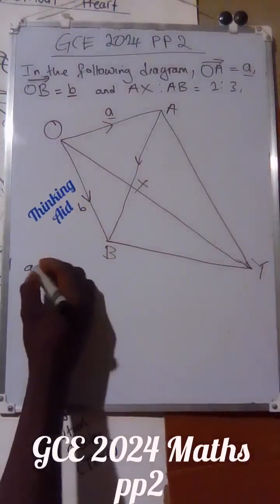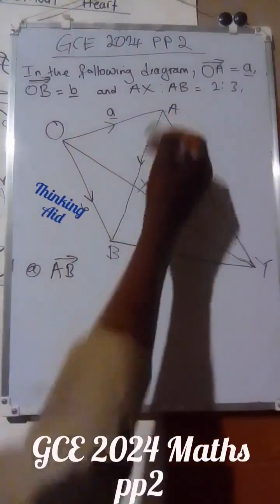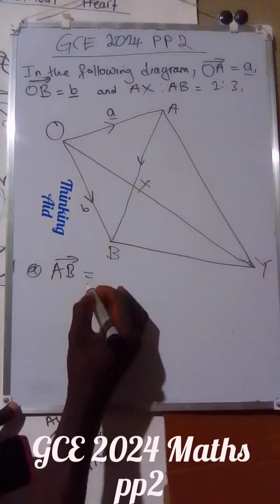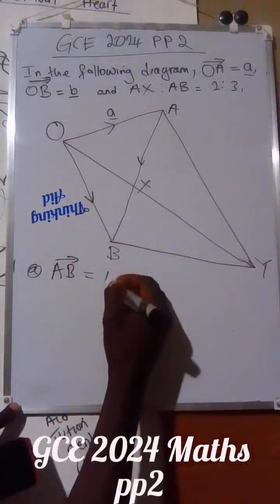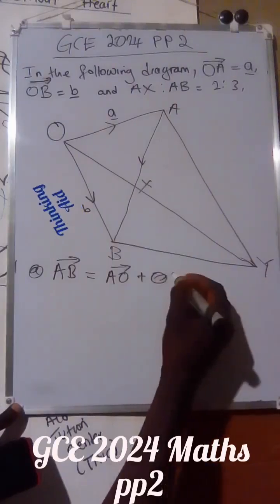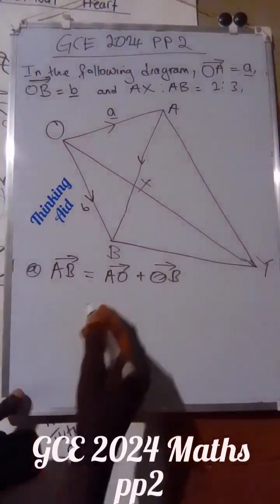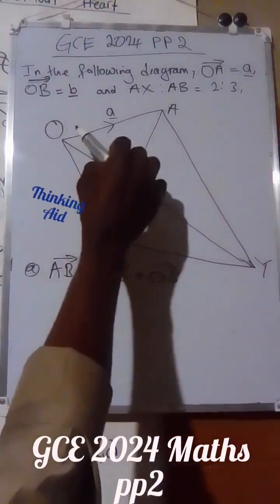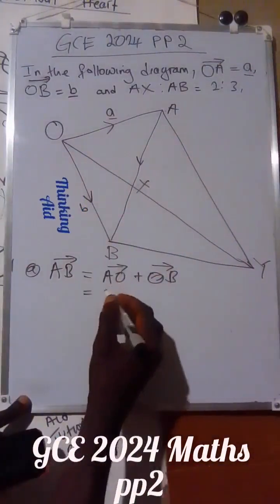So question A wants us to find vector AB, so it's from A to B. How do we do this? Simple. Vector AB can be solved by moving from A to O to B. So A to O plus O to B. The vector which we are given has the direction O to A, so when we are moving from A to O, we are going against the vector.